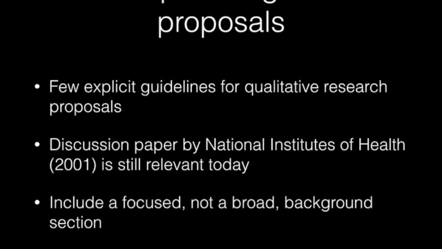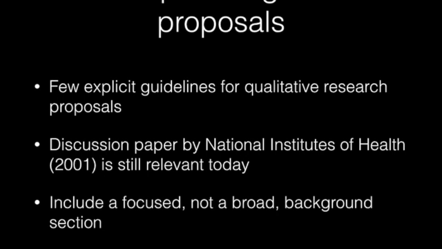Competitive grant proposals are the third type of research proposal that we're just going to quickly talk about. Generally, there are very few explicit guidelines for people to develop high quality qualitative research proposals. And so this is about what I was looking for when I went looking for some guidelines.